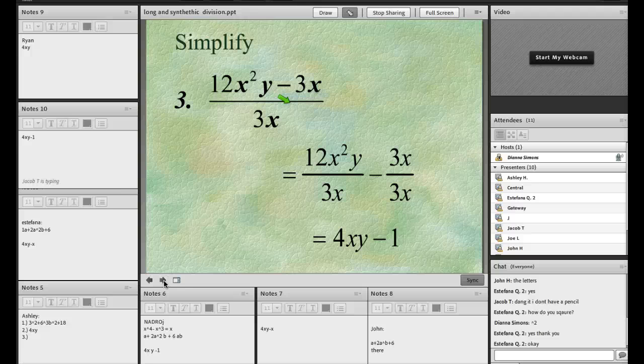And Estefana and Jacob and Joe, it's just minus 1. This 3x divided by the 3x is 1, right? You have to put that 1 in there, because there's no variable after it. Yes, it does, Jacob. I see that. Okay, next.